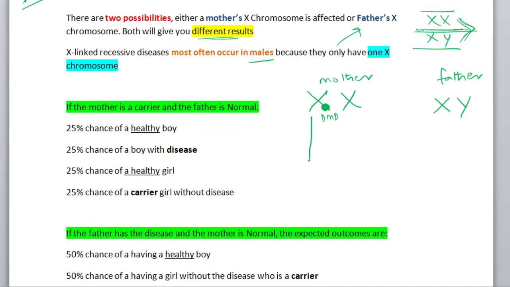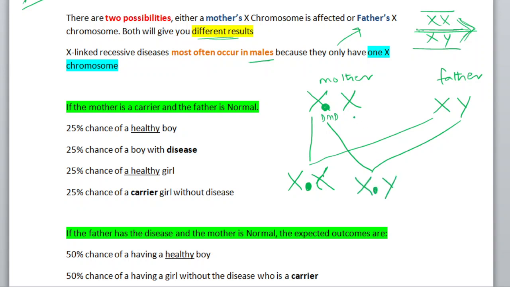Now this carrier X along with this X will form XX, and this X along with Y will form this combination. This X along with X will form XX normal, and this X along with the father's Y will make up XY. So this XY is male, and completely normal.